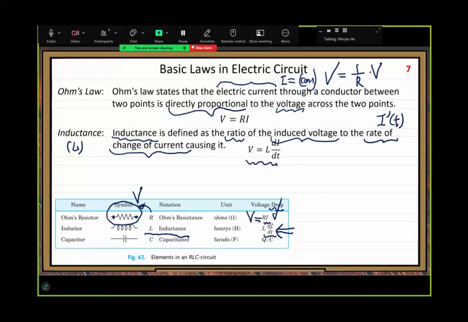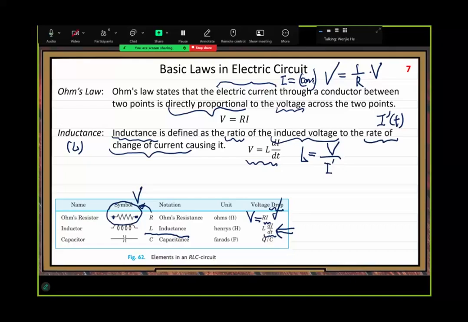So let me translate this statement. It tells us the inductance L is defined as a ratio of two quantities. The numerator is the V, the induced voltage. The denominator is the rate of change of the current.